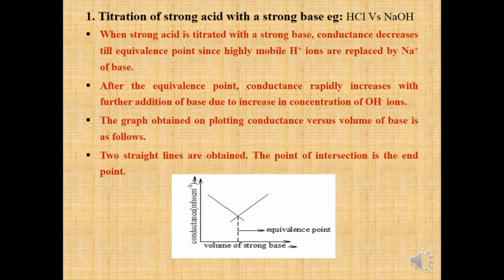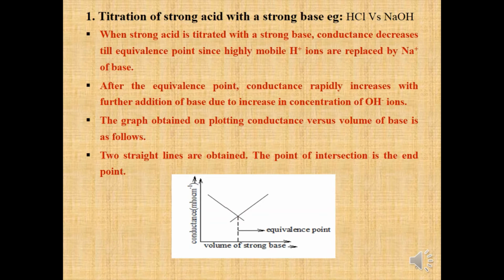After the equivalence point, conductance rises rapidly with further addition of base due to the increase in concentration of OH minus ion. A graph is plotted with conductance as y-axis and volume of strong base as x-axis to get the equivalence point. Two straight lines are obtained. The point of intersection is the end point of the titration.